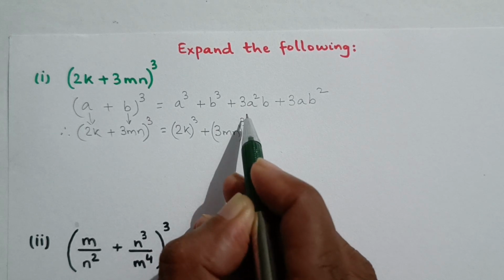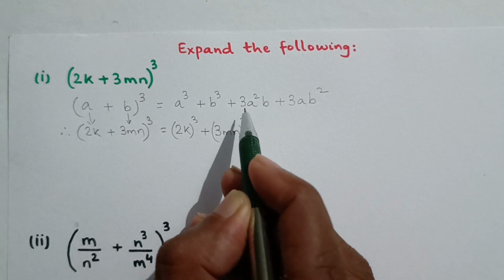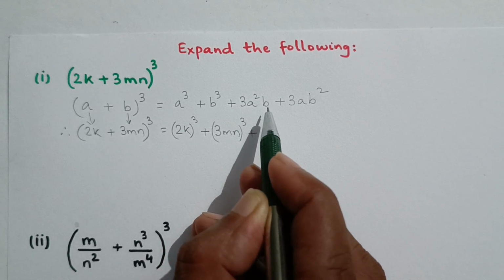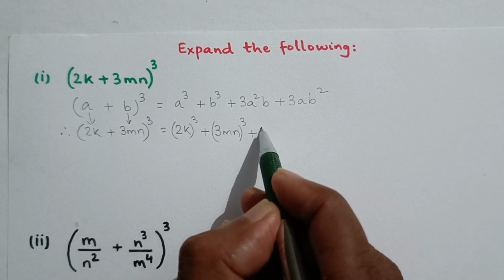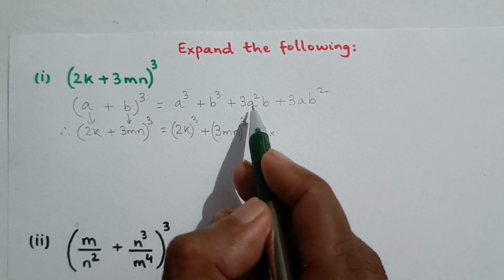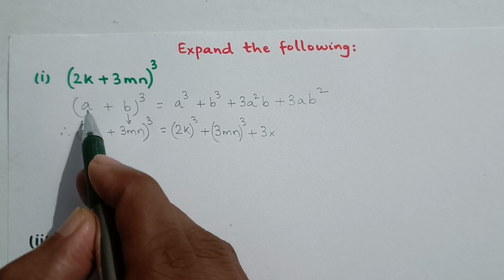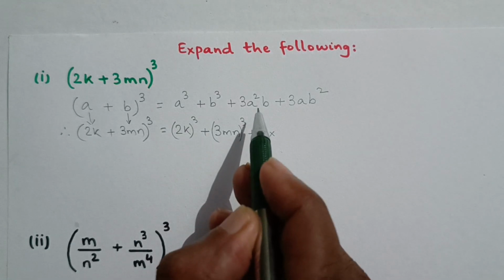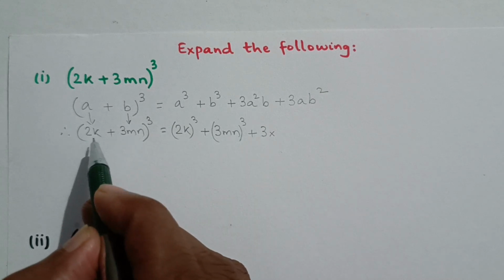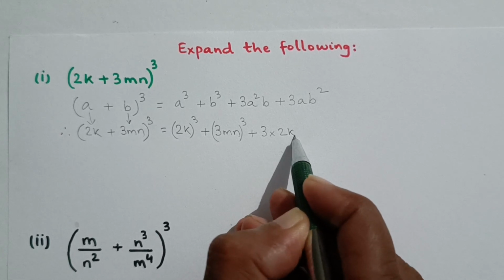plus 3a square b. 3a square b means 3 into a square into b. So 3 into, now a square. I know that a corresponds to 2k. So instead of a I will write 2k.